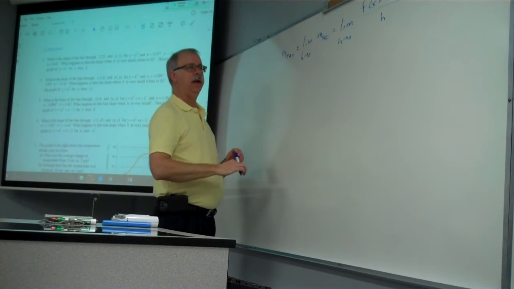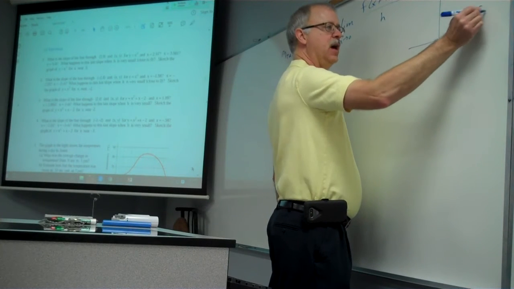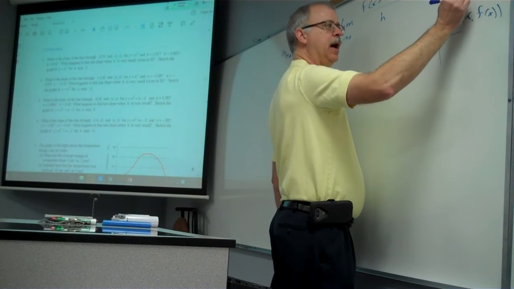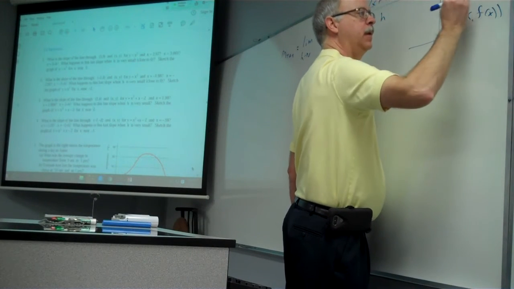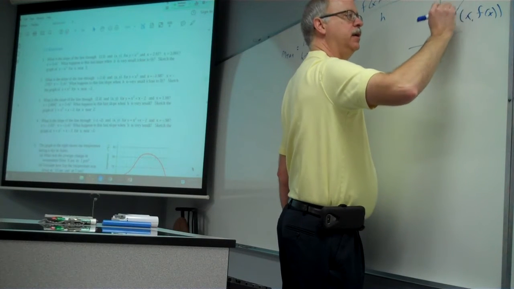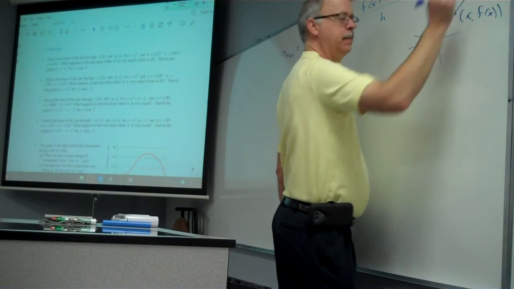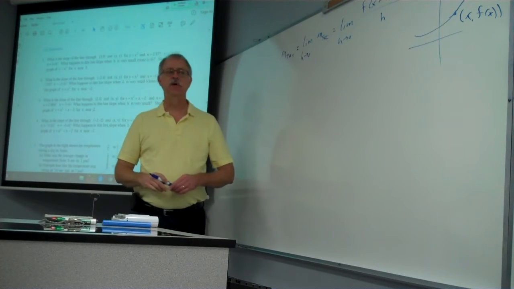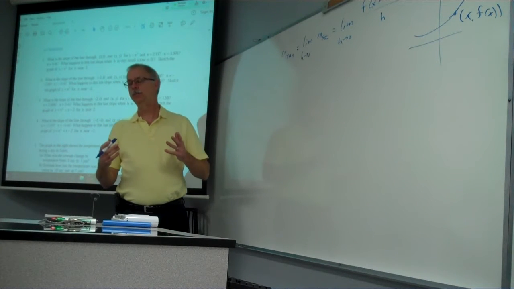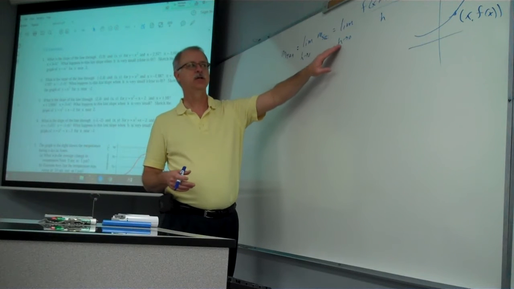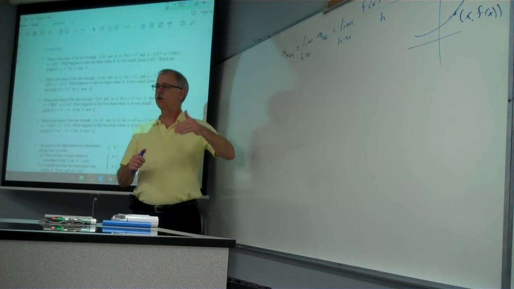We go from a point on the curve, x, f of x, to a point fairly close by, x plus h, f of x plus h. We just figure out the slope of that line and use that as our approximation of the slope of the tangent line. And as long as h isn't very big, that line slope should be pretty close to the slope we really want to know. And the whole idea of letting h go to 0 is that we look at what happens as it gets smaller and smaller and smaller.